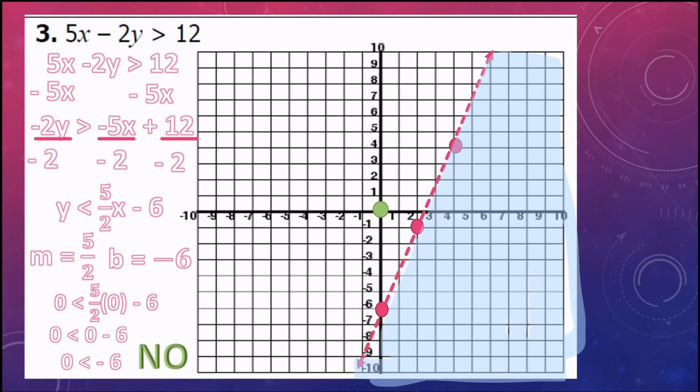So everything you see here shaded in blue is a solution. So if I had to pick a point that was a solution, I'd pick a point that is in the shaded area. So I would write that down if I were you.